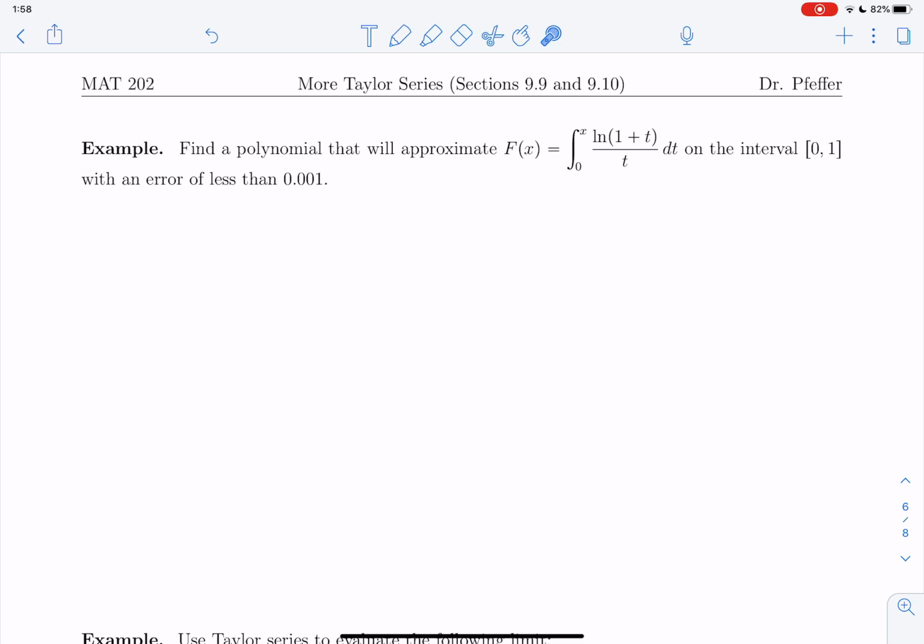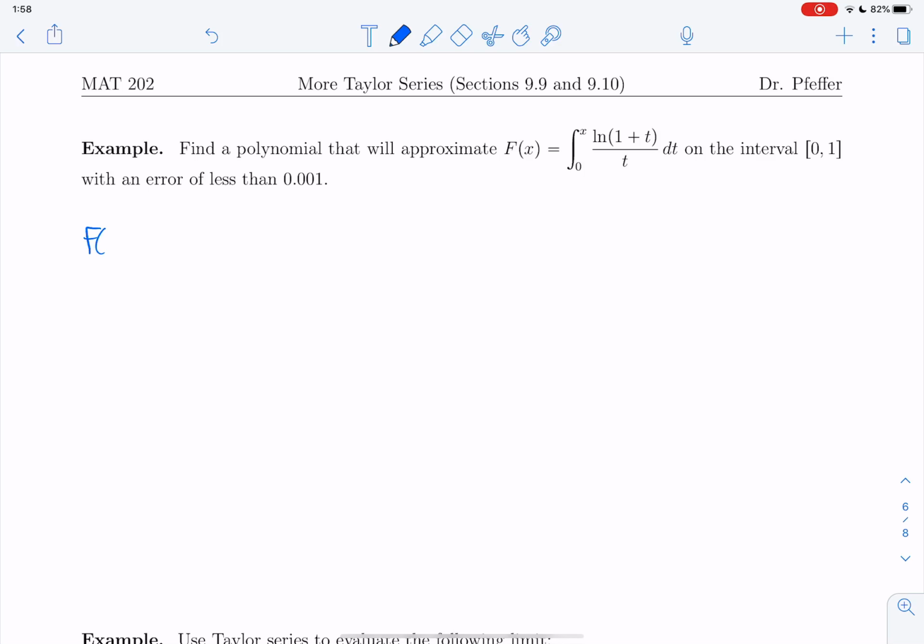We're going to integrate this on the interval 0 to 1, and we want the error to be less than 0.001. The way to answer this is, of course, find a power series for this function, and then use the alternating series error estimation.